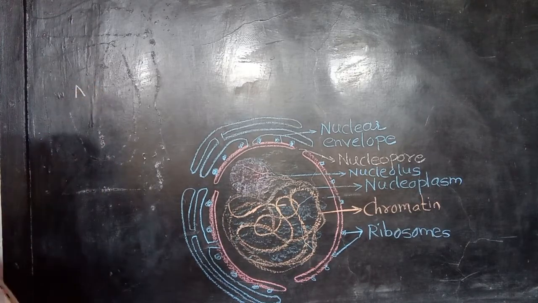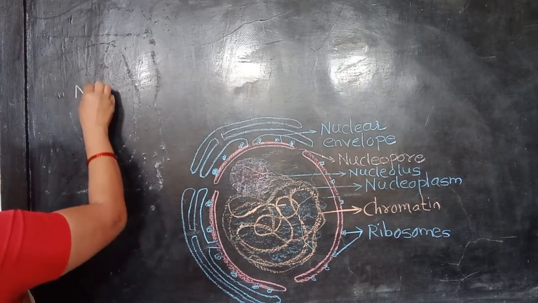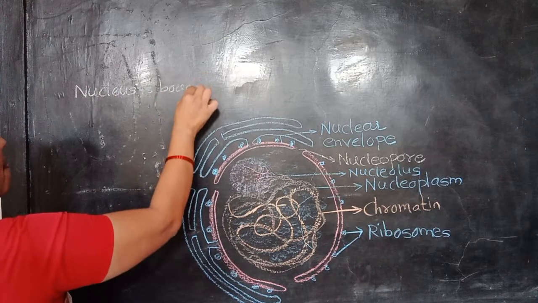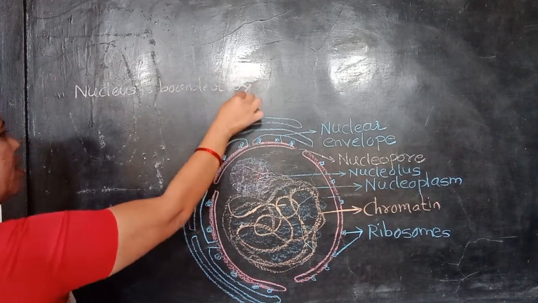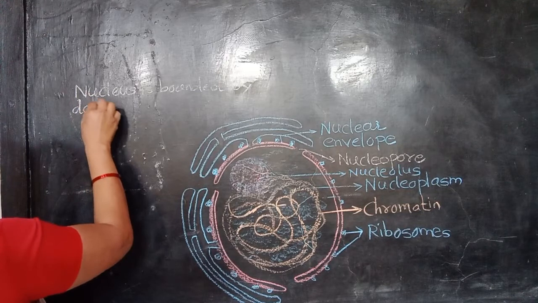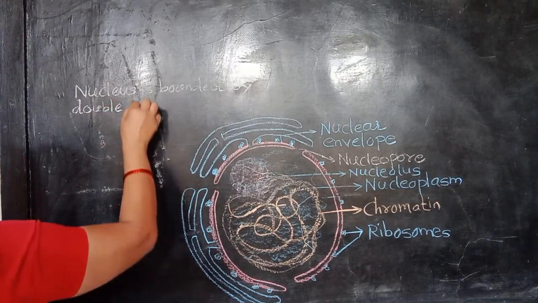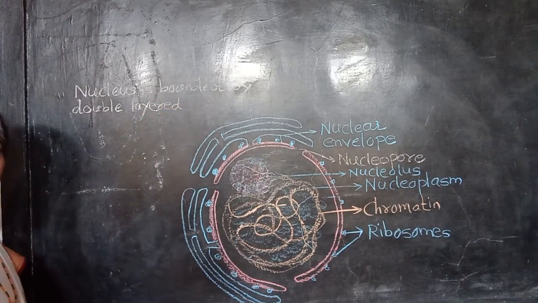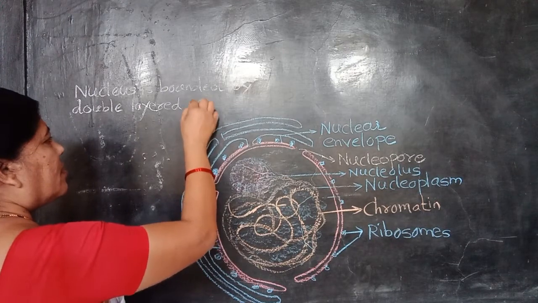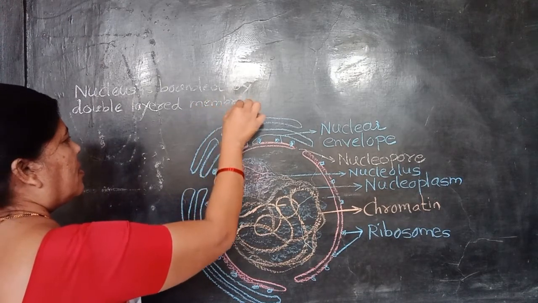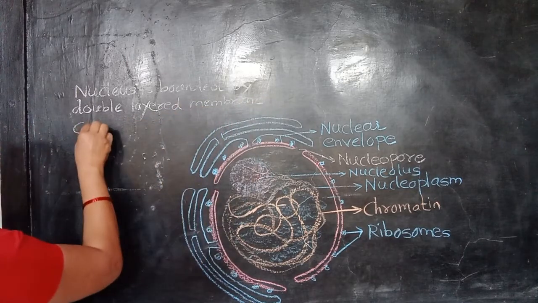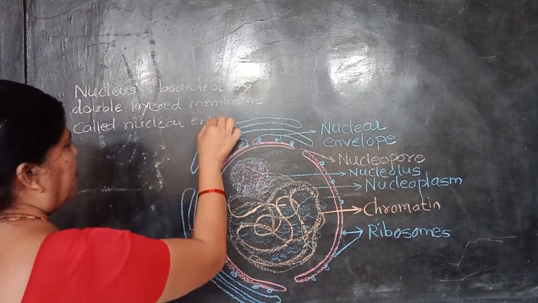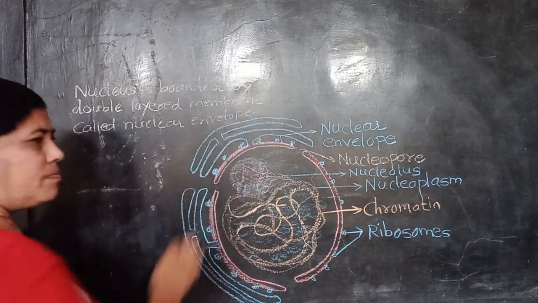So the nucleus is bounded by a double layered membrane called the nuclear envelope.